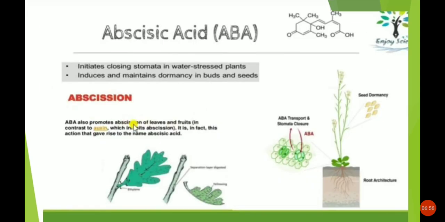This is abscisic acid. It is a growth regulator, meaning a growth inhibitor. What is its purpose in the plant?